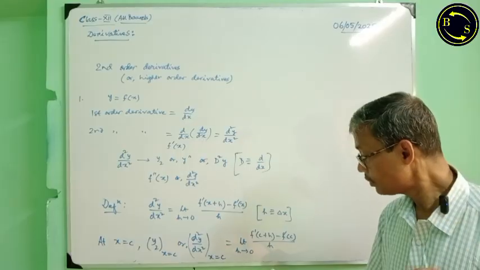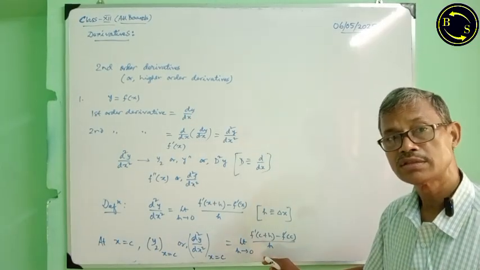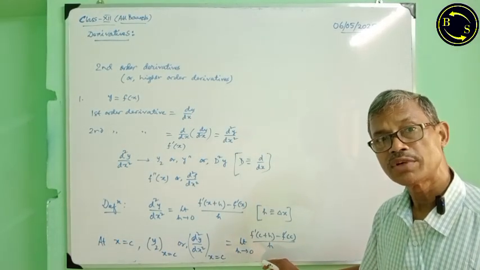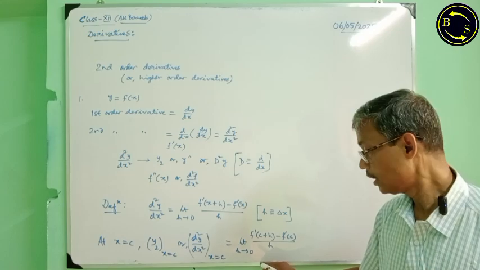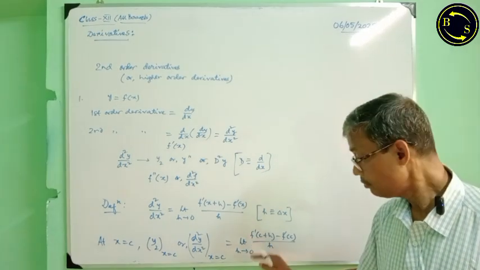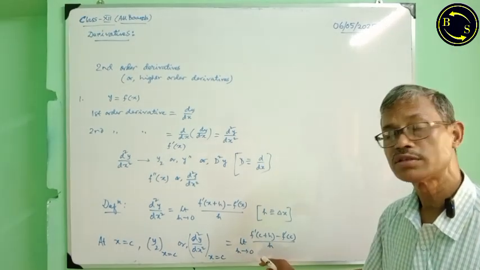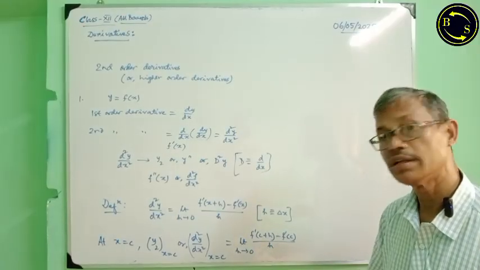The limit when h tends to 0 minus is called left hand derivative, and the limit when h tends to 0 plus is called right hand derivative.